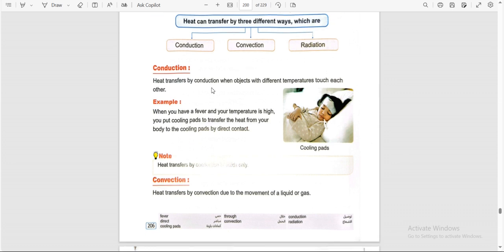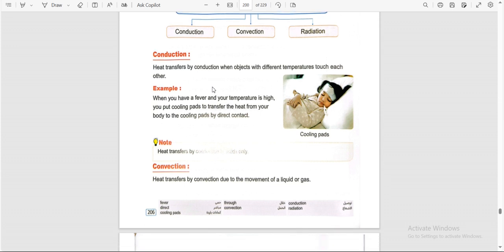Conduction is when objects with different temperatures touch each other. So for conduction to take place, there has to be contact between the two objects. For example, when you are having a fever and your temperature is high, you put cool pads on your head to lower your temperature.